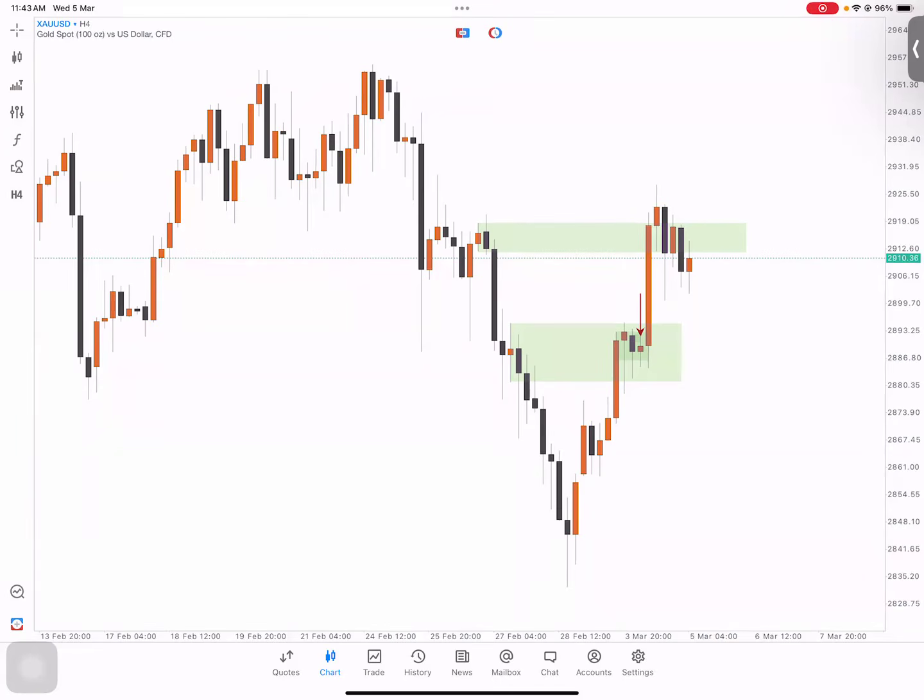H4, cool. Check it out. On TradingView also, it's giving you engulfing fill.